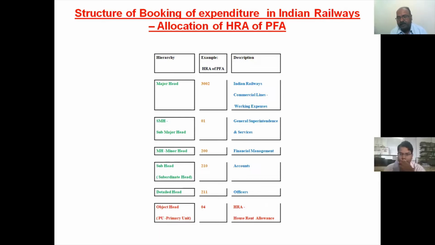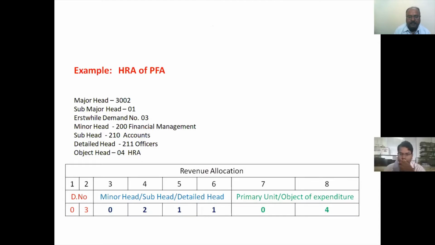Old demand number means, for example, the allocation of HRA of the Principal Financial Advisor. The earlier name was FA&CAO, now it is renamed as Principal Financial Advisor, PFA. So for PFA HRA, the allocation starts with demand number 3.